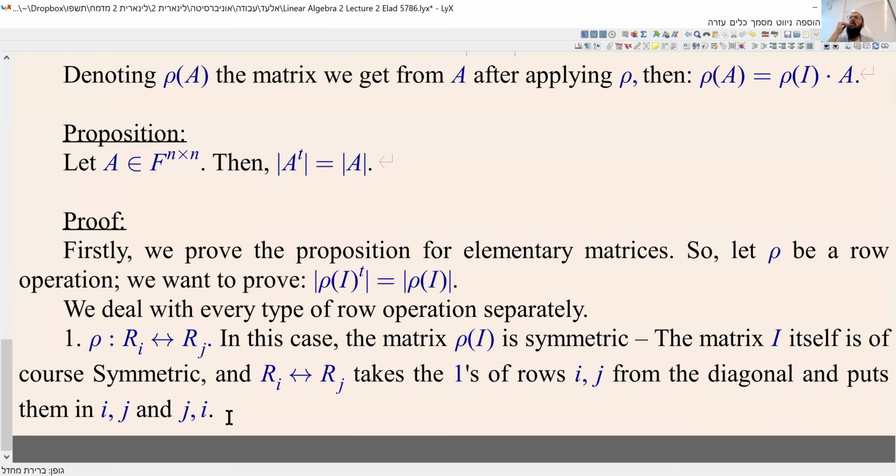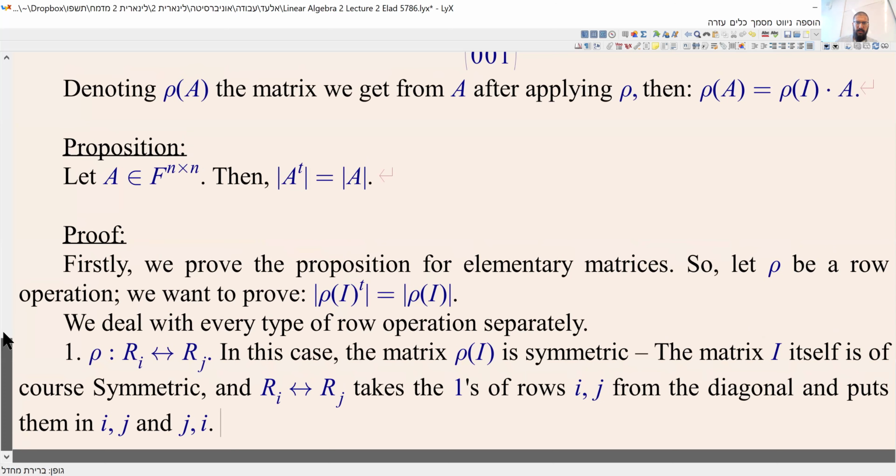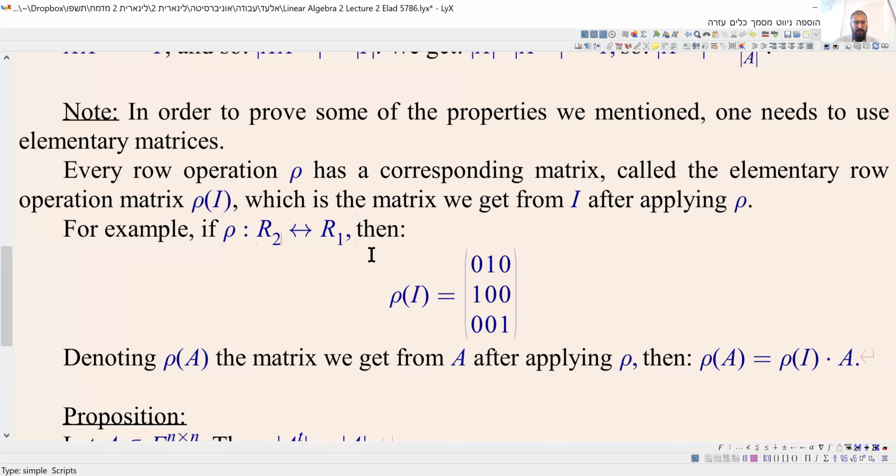It's going to be the same. Let's say the operation is, as you said, row 3 and row 1. So you apply it on the identity matrix. Let's write it down together. This is the identity matrix, and now you switch row 1 and row 3.